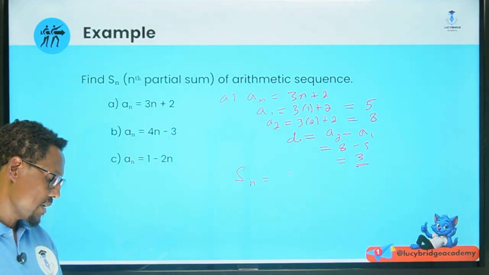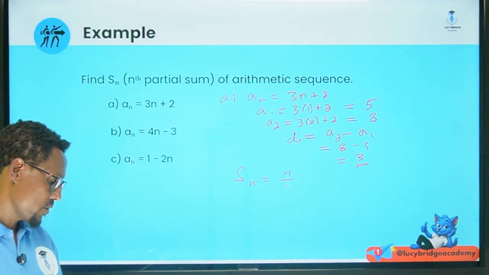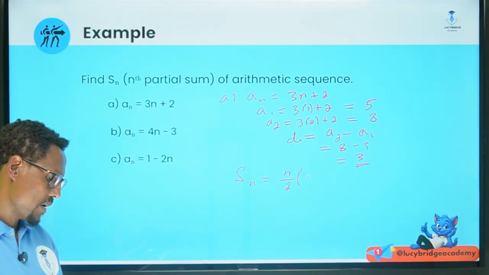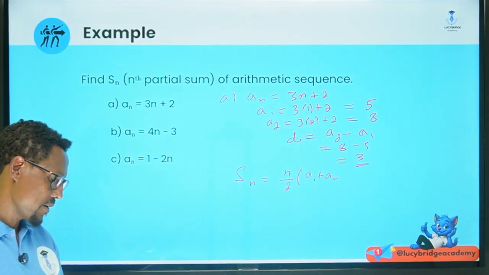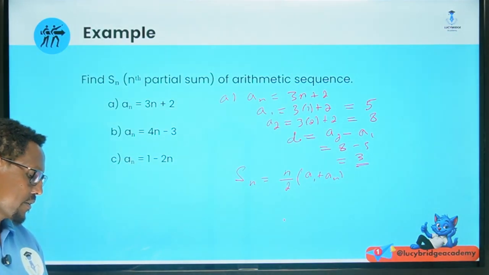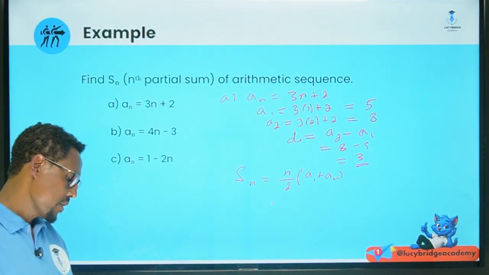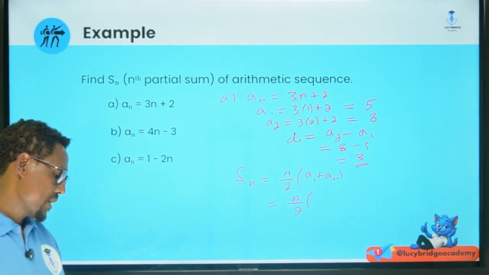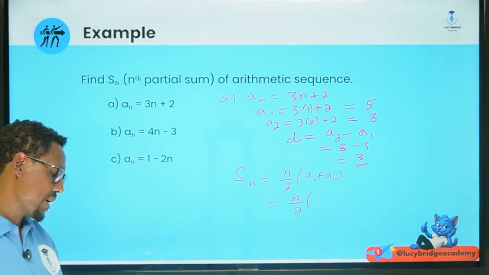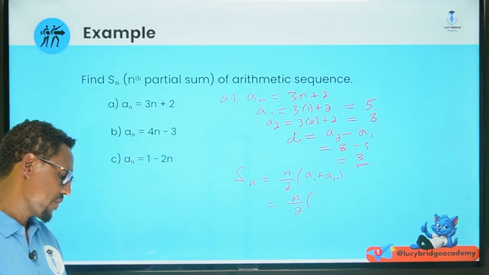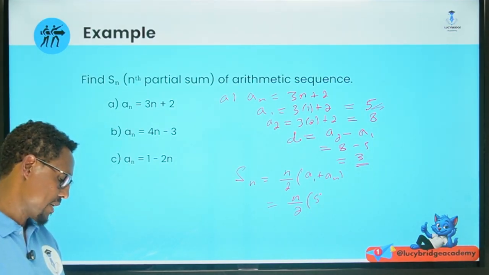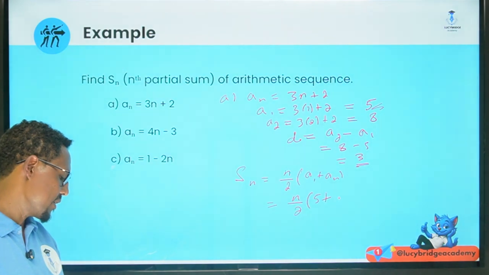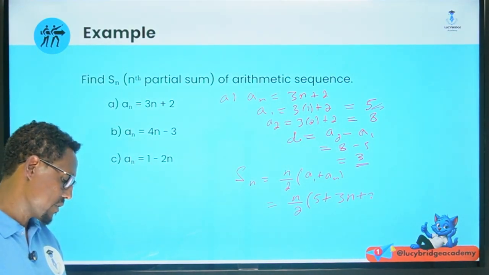Sn means n over 2 times A1 plus An, which is equal to n over 2 times how much is A1? A1 is 5. 5 plus An, which is given in terms of n as 3n plus 2.